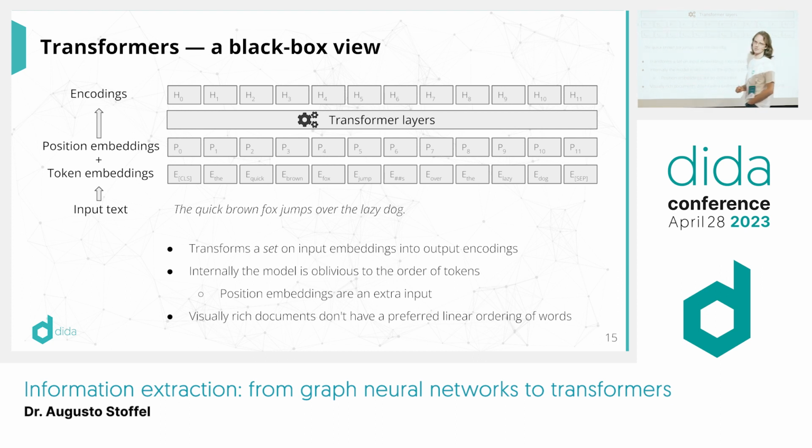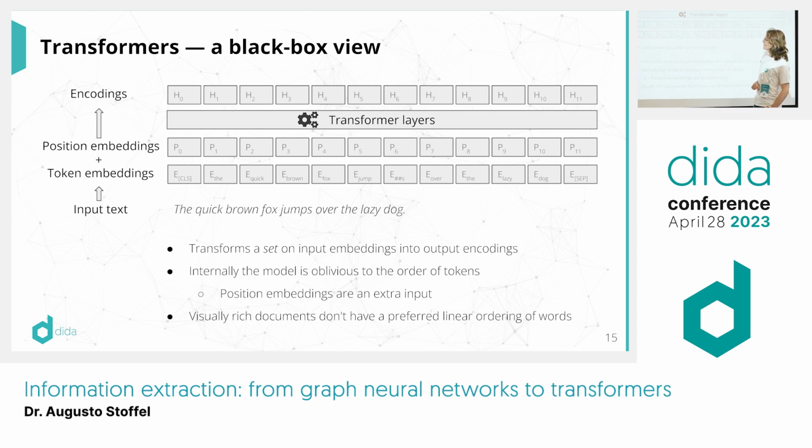It gets represented by some vector of very large dimension. I add some position embeddings, which are also vectors that encode the position of the word inside the text. And then I feed it through this transformer layer. And out of it come, again, a sequence of vectors of the same shape.